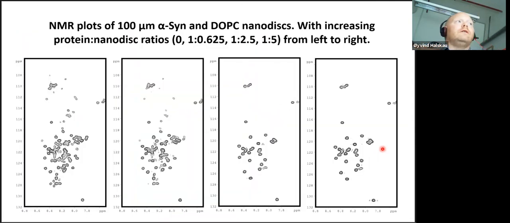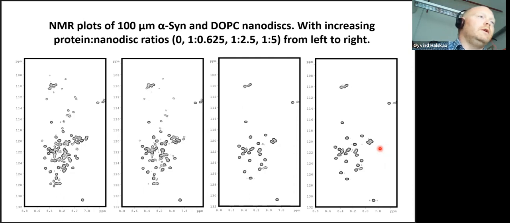All right, so then we went on to try to explore what folding state of alpha-synuclein might be associated with accelerated aggregation in the presence of lipids. Alpha-synuclein is an intrinsically disordered protein.